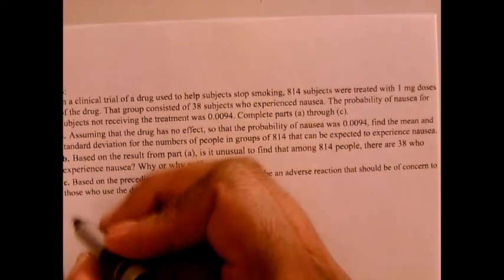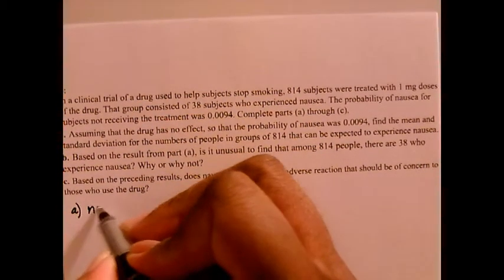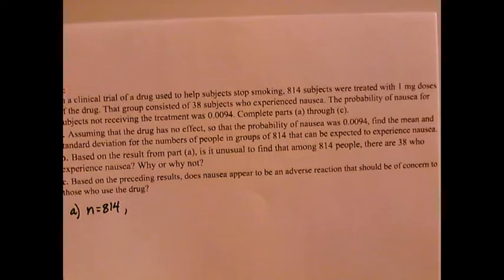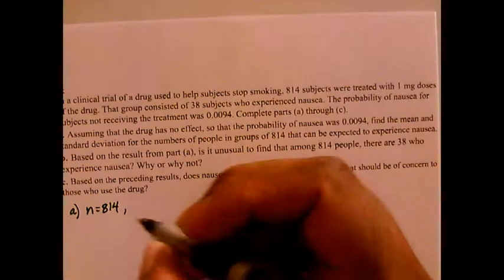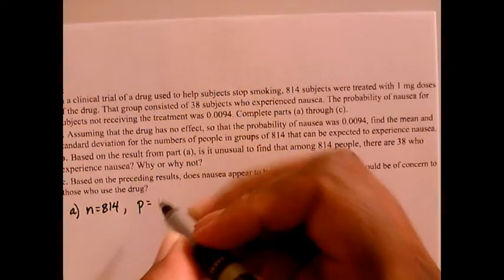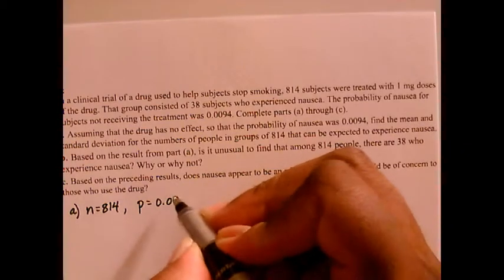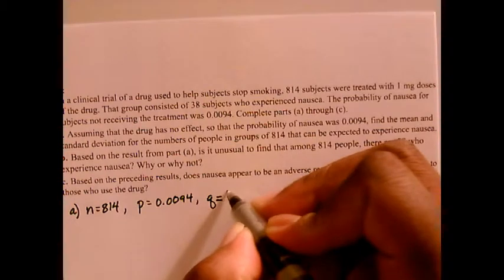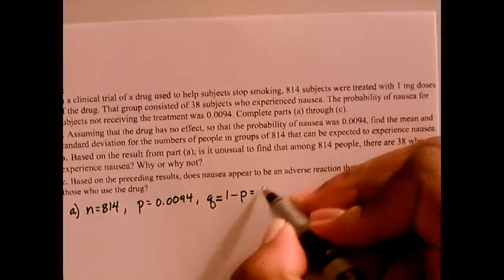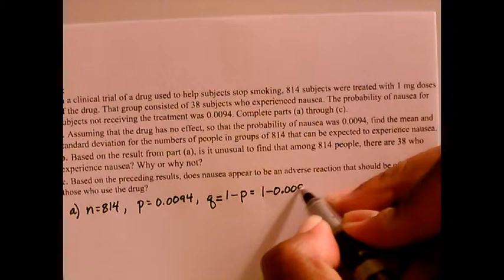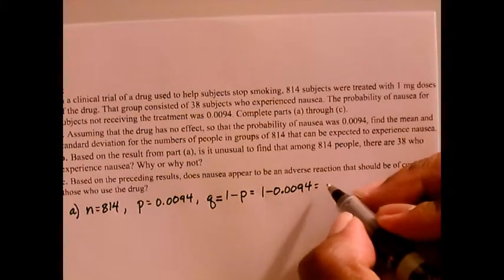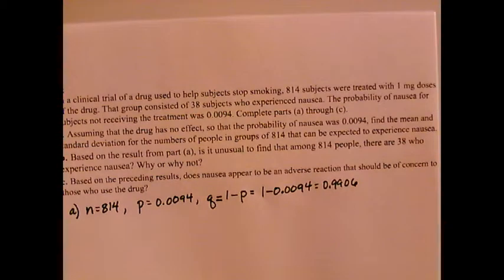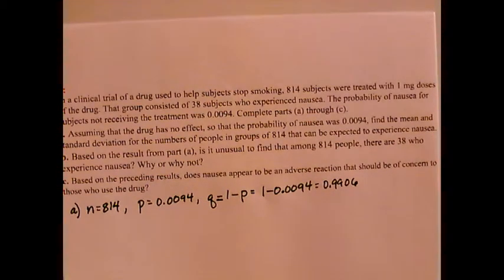Okay, so in part A, this is what we have. We have 814 individuals, or 814 subjects. The probability of experiencing nausea is 0.0094. So that means Q is going to be 1 minus P, or 1 minus 0.0094, which will be 0.9906. Okay?